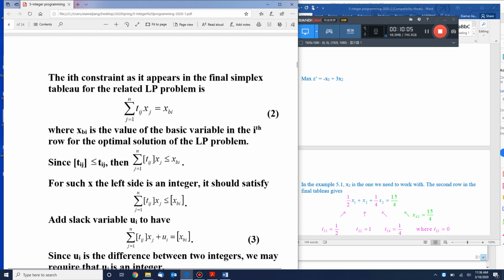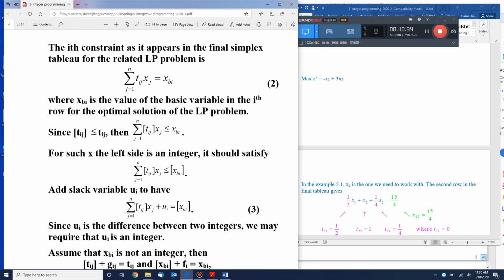So in this way, we have an inequality in which all of them are integers. Then we add a slack variable ui, and we have a new equation. As ui lies between integers, we may say ui is also an integer.